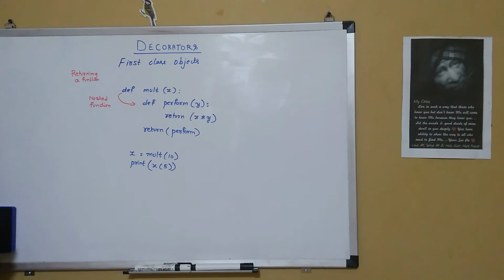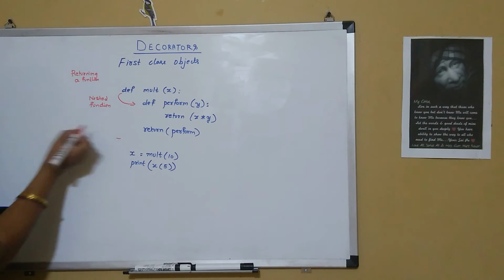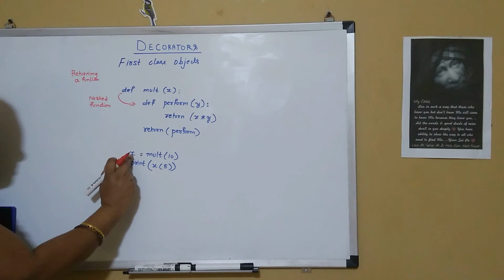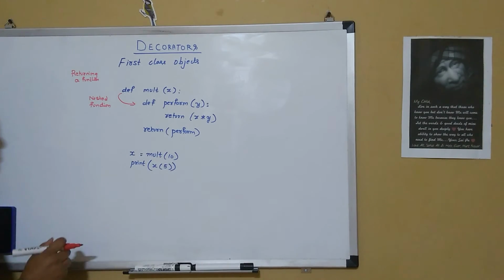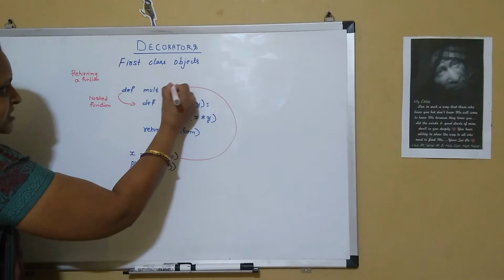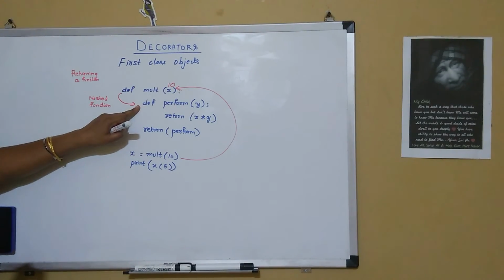Now let's see how it works. Initially, all these are function definitions, so they do not get executed by themselves. Here I am calling my function mult and passing 10. So the cursor goes over here and x is assigned 10. This is the function definition, so it does not perform anything over here.